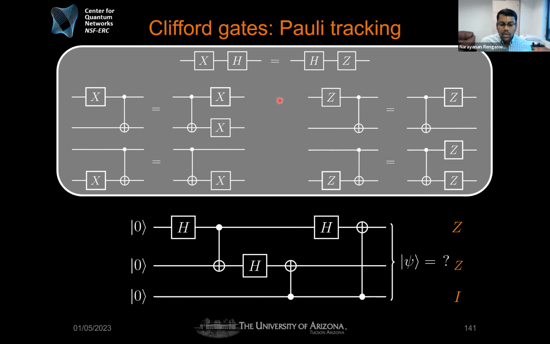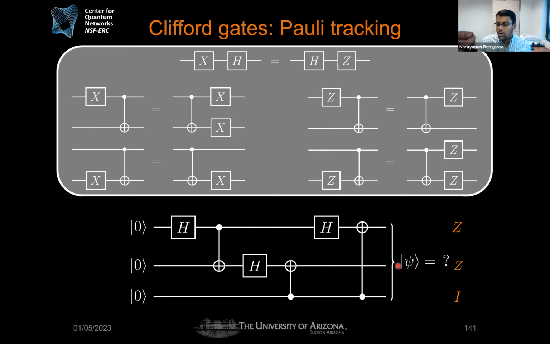So what was special? The special thing was the input was a stabilizer state, meaning it has Pauli stabilizers. It has a complete set of Pauli stabilizers. And then you only had a Clifford circuit, meaning a circuit consisting of only Clifford gates. In those cases, you can easily track these stabilizers to the output.